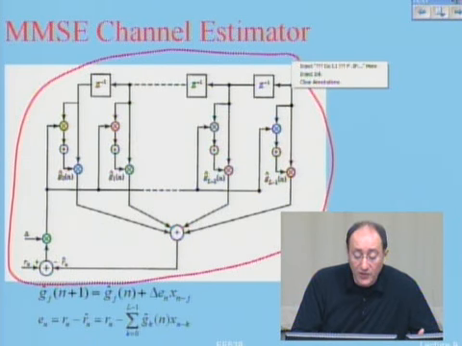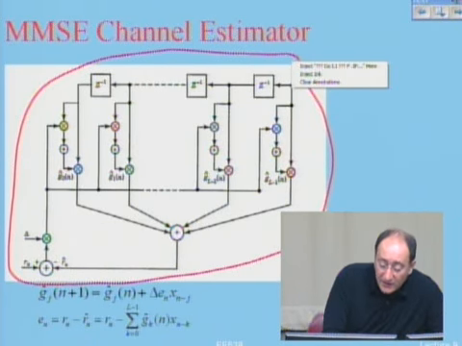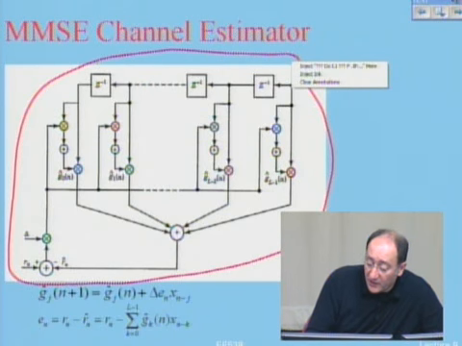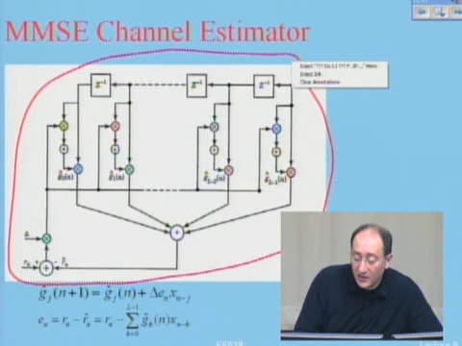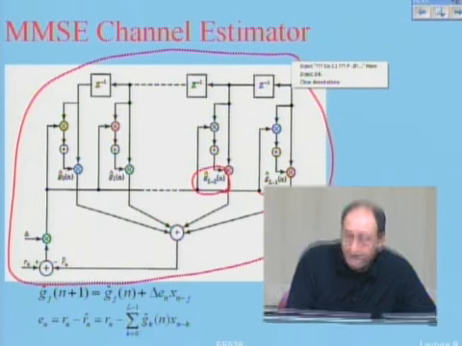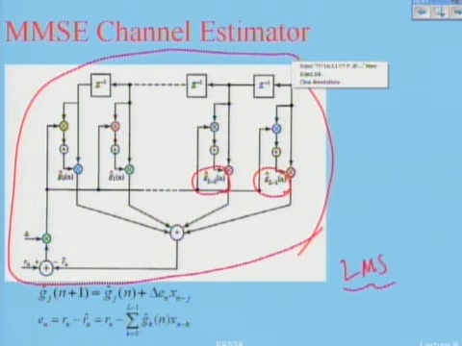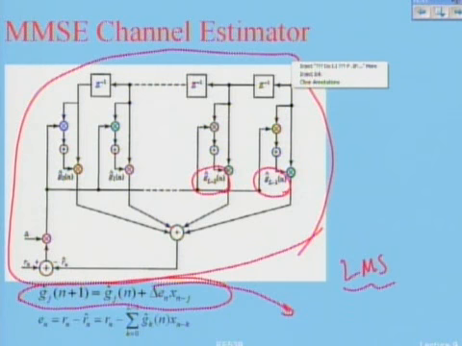Basically, for those of you who have seen equalizers, if you use the least mean square criterion to estimate the location or value of the taps, you can calculate them from this equation. This delta is a fixed parameter that you can select. This error here is the difference between the received signal and the estimate of the received signal.